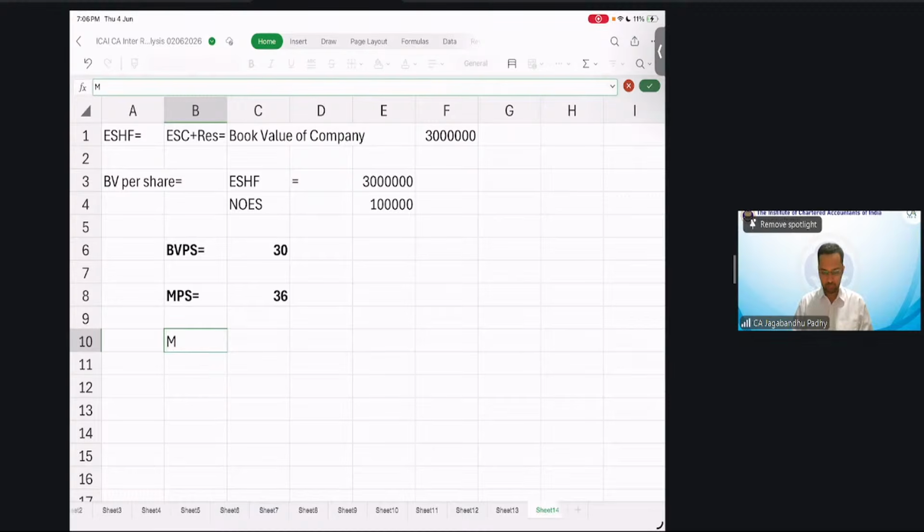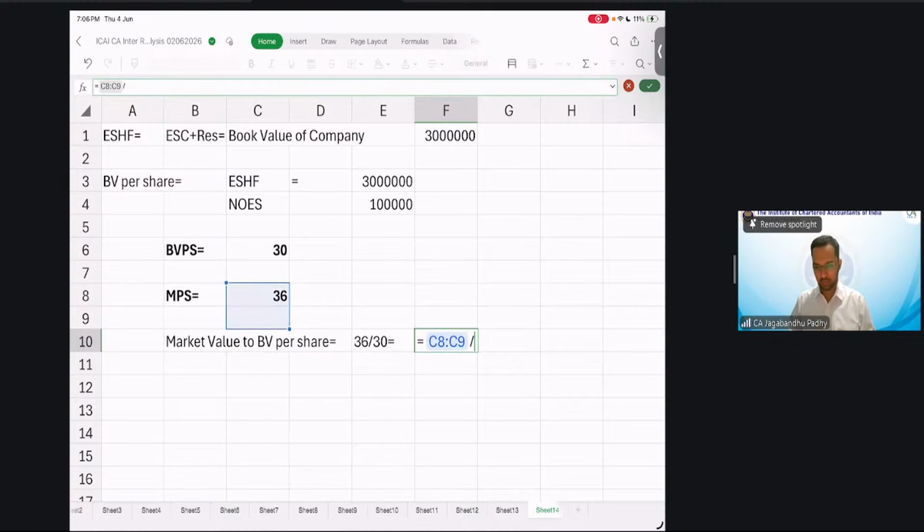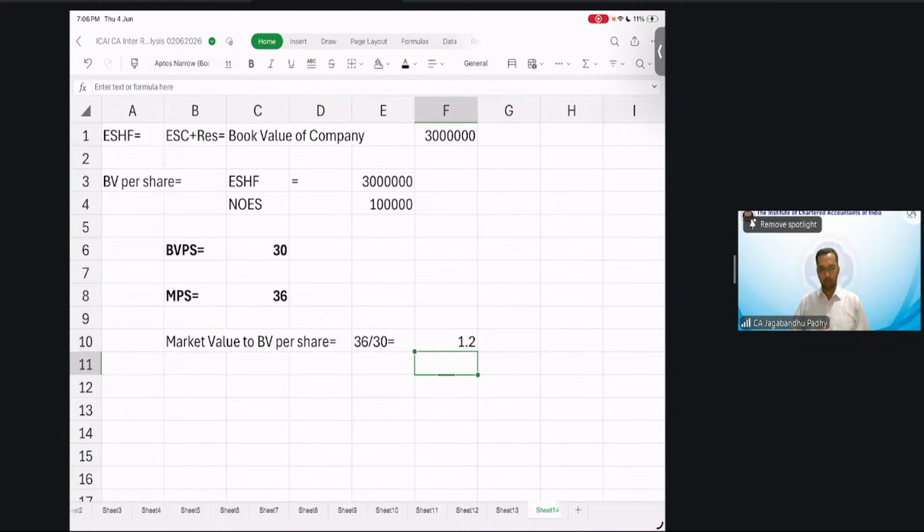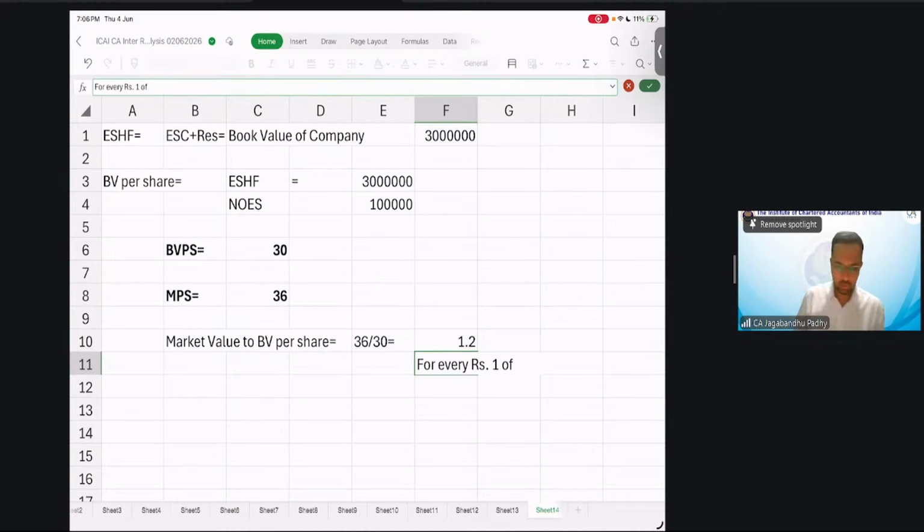So if I ask you, what is market value to book value per share? Obviously, it is going to be 36 divided by 30, which is 36 upon 30, or 1.2.